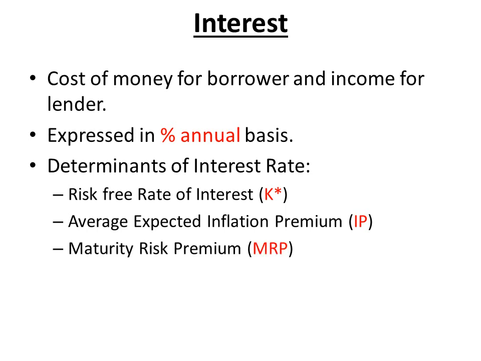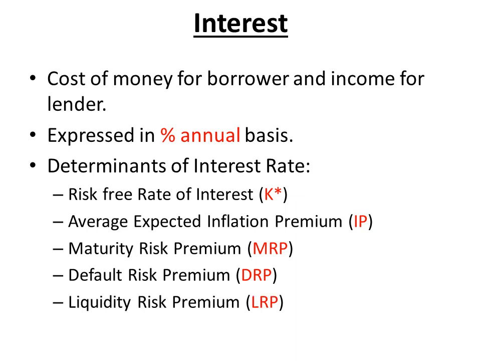Then maturity risk premium MRP, default risk premium DRP, and liquidity risk premium LRP. These five factors are determinants of interest rate. In this video you can compute the interest rate, and only numerical problems are discussed.